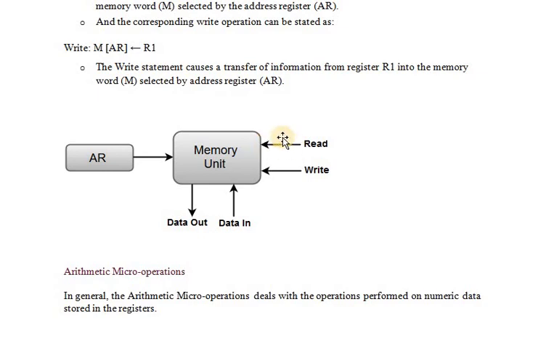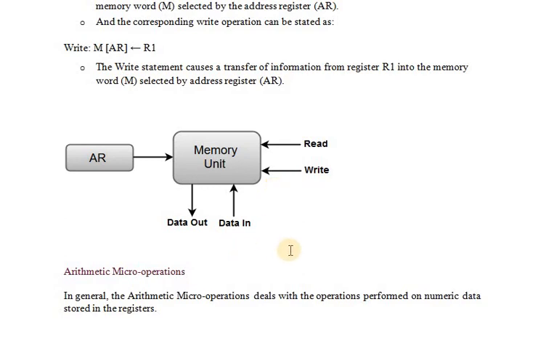For the write operation, new information is to be stored into the memory unit, that is data in. So data out means read operation, data in means write operation. Simply you have to keep this in mind.